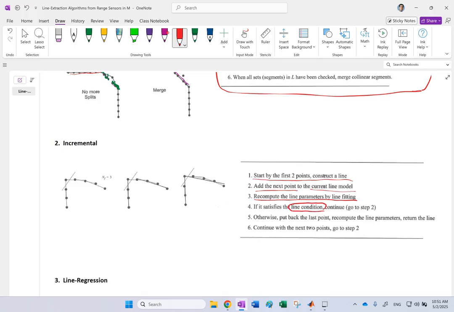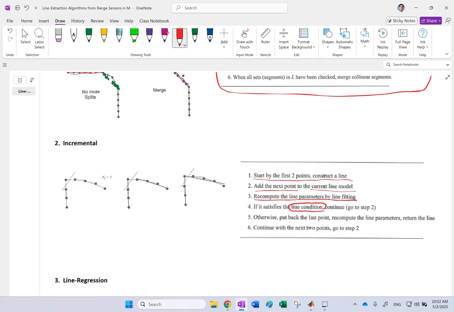If by adding the new point your line condition is still valid, you keep adding another point and recalculate the line parameters and recalculate the line condition, see if it's true or not. As long as it's true, you keep adding more and more points. When the line condition is false, then you stop and you start a new line.